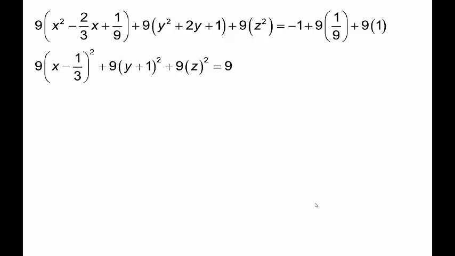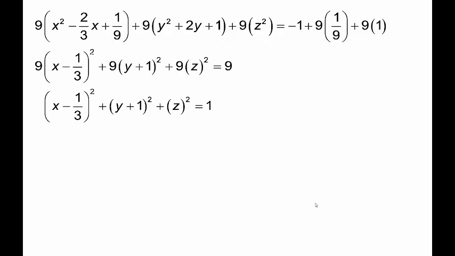Okay, now if you remember, we want this to equal 1 on the other side, so you can divide everything by 9. Notice how we have all those 9's out there on the front. So that's going to reduce to x minus 1/3 all squared plus y plus 1 all squared plus z squared equals 1. So now that this is in standard form, I can find the center and the radius.